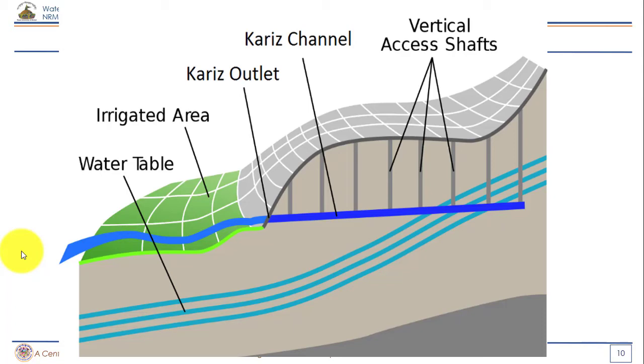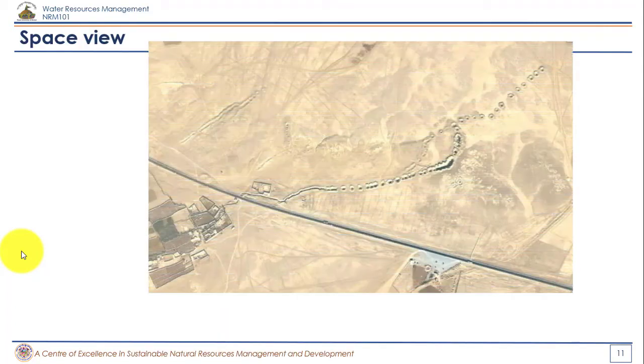And people can access these wells. From space, it looks like this. These are the wells, and these are the settlements. In a desert area, if you do not have water, you do not have crops or plantations.